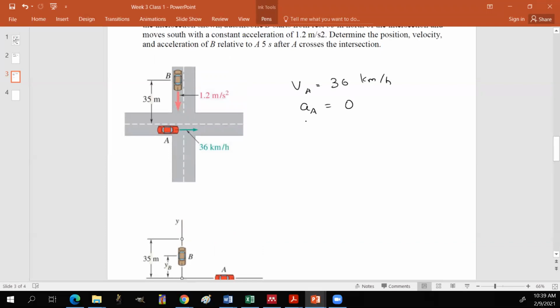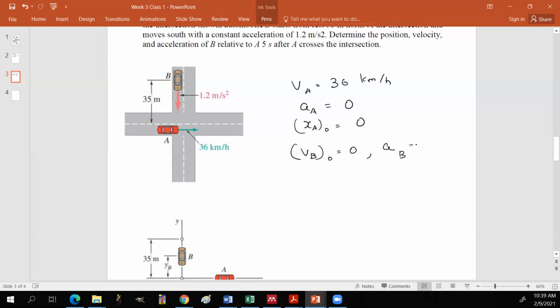So we know that the position is also equal to 0. And then in the problem, we're told that the initial velocity of B is equal to 0, and that the acceleration of B is in the downward direction, right? So, you know, the magnitude is equal to 1.2 meters per second squared, but the direction is downward.